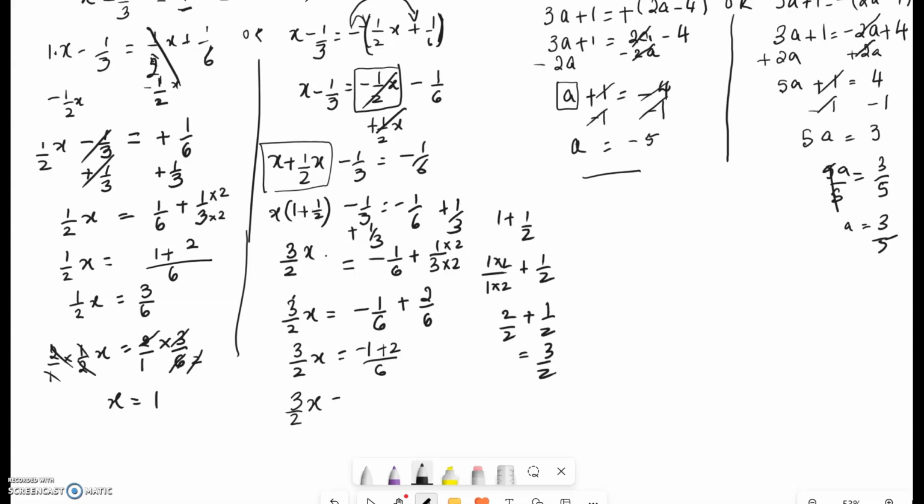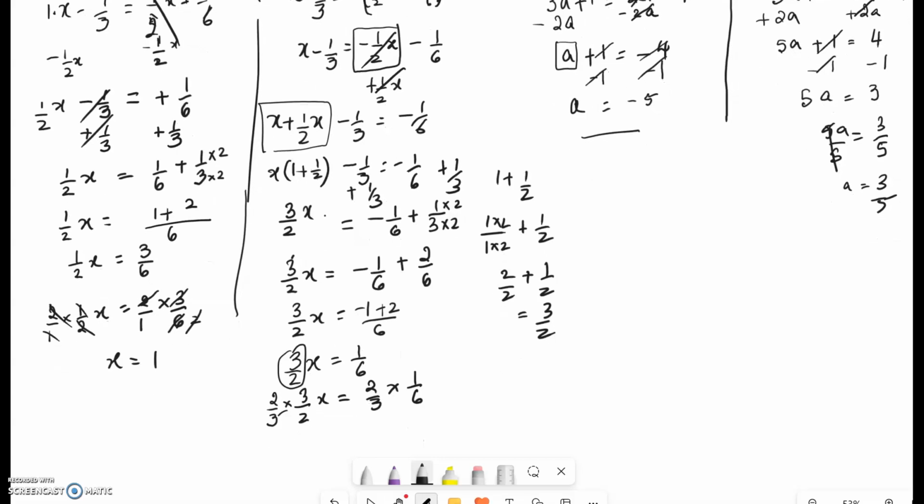So 3/2 x is equal to 1/6. Now we want to get rid of the 3/2, so we multiply both sides with 2/3, which is its reciprocal. So x is equal to, you can use your calculator to get 1/9. Enter numbers carefully into your calculator. So the two answers are either x equals 1 or x equals 1/9.